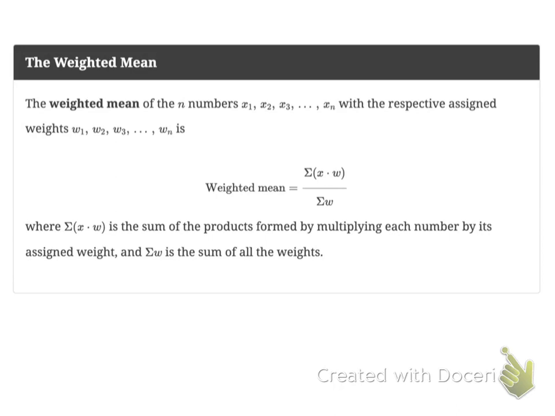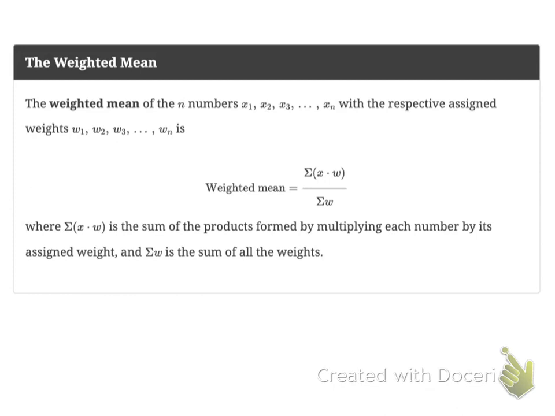When we do a weighted mean, basically we take each number, whether that be the grade, the score, whatever, and multiply it by its weight, and we add all of those up. So instead of adding just all the scores up, we multiply them by their weight first, then add them all up. Then we divide by the sum of the weights.